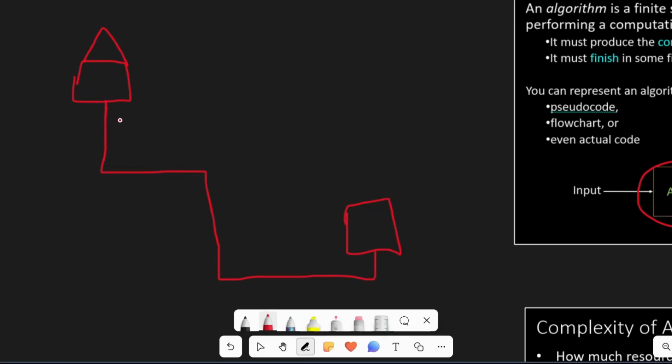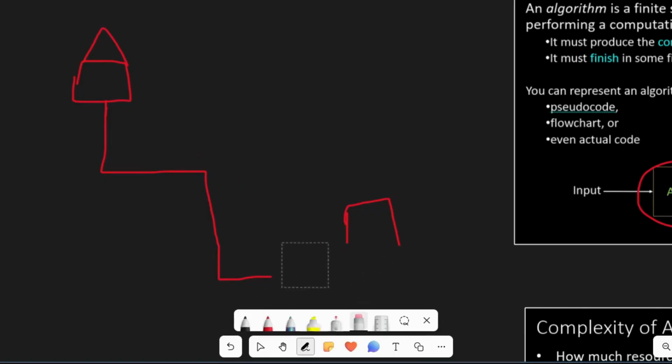You decide that you take a bus and go to your school. So this is the algorithm. You took a bus then go to school. This is one algorithm. Also you can go to school by walking, or you can take a cycle, whatever you take. Everything is an algorithm.